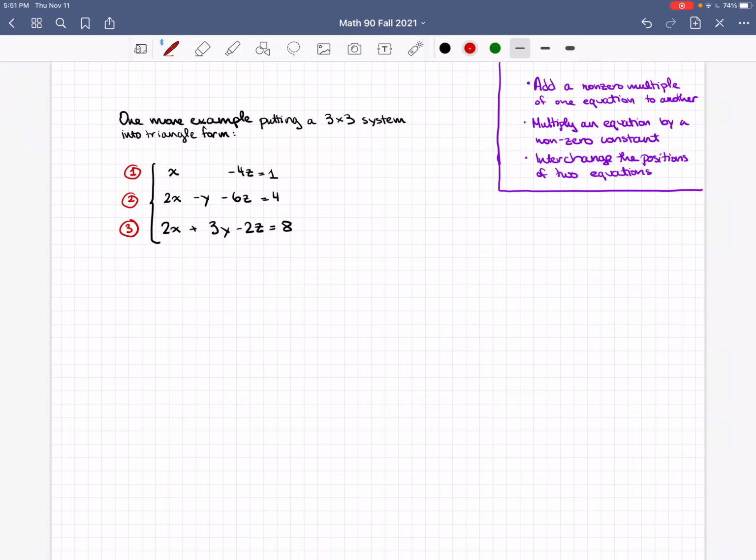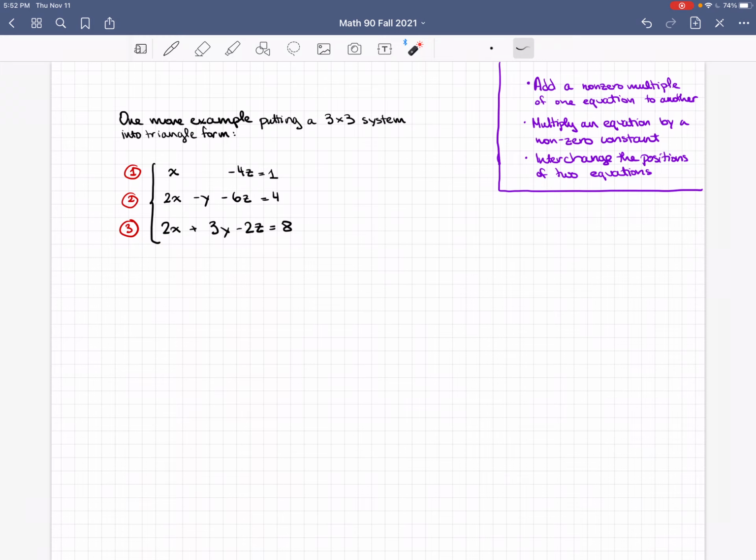The first equation is kind of awkward. It doesn't have a y term. It has an x term and a z term, but in terms of what we want that triangle form to be, if you remember from the previous video, we want the first equation to have all three variables in it, the second equation to have only y and z, and the third equation to have only z.